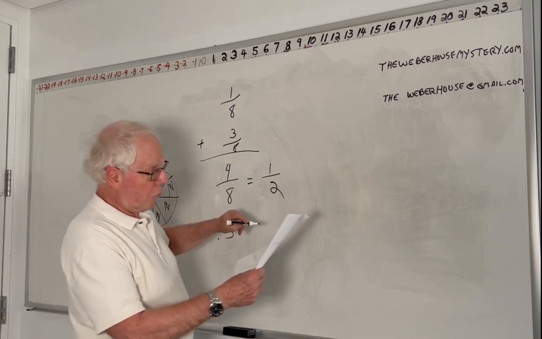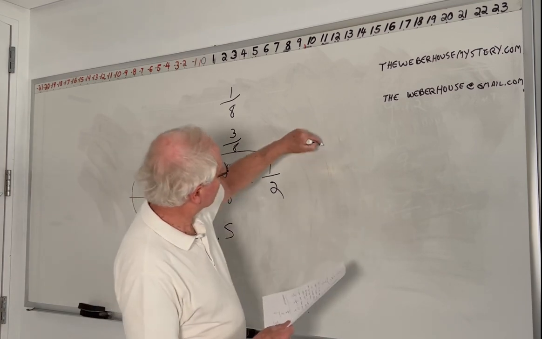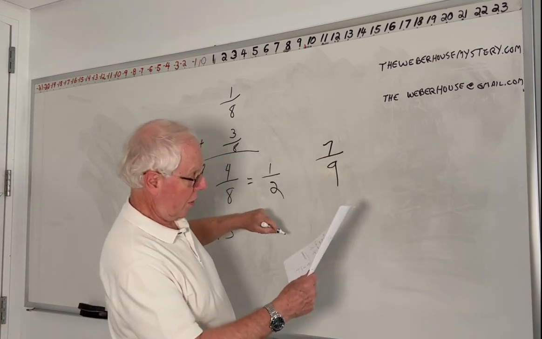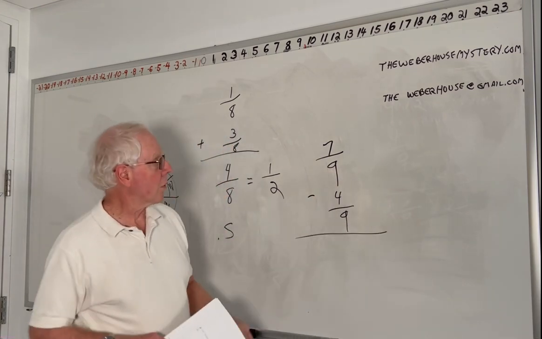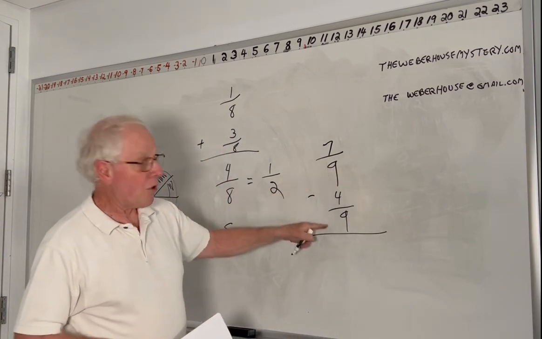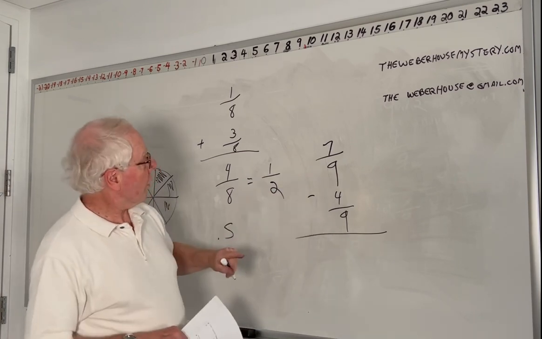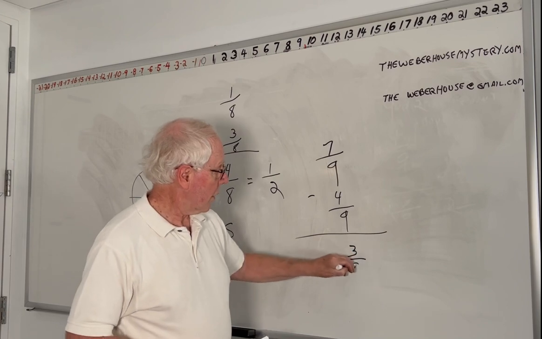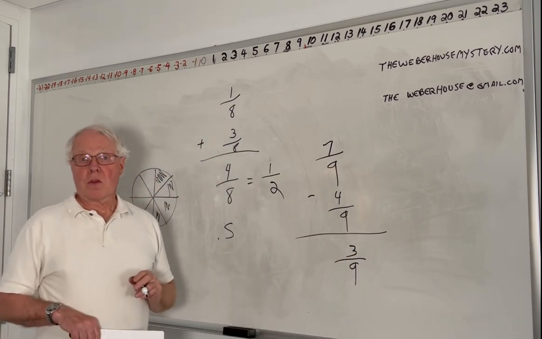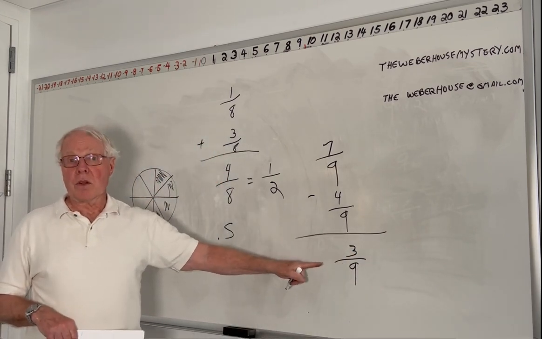The same thing would be true in a subtraction problem. So let's see here, we could do 7/9 minus 4/9. Well, the denominators are the same, so we can just get right to work. 7 minus 4 is 3, and we're talking about ninths, so 3/9. That answer is true.